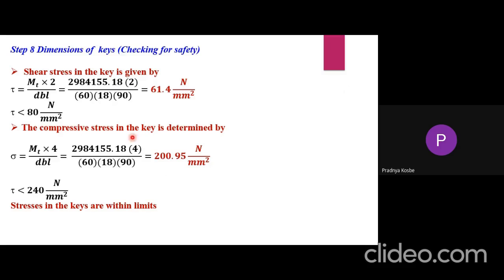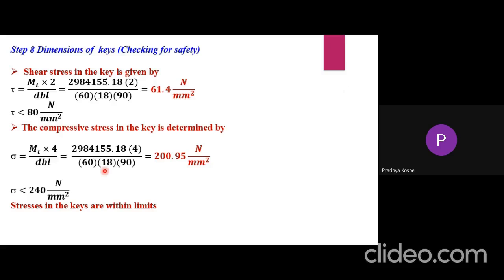And now compressive stress in the key is determined by mt into 4 divided by dBl. Put the values, we'll get over here 200.95 Newton per mm square. In this case, permissible compressive stress in the key is 240 Newton per mm square.